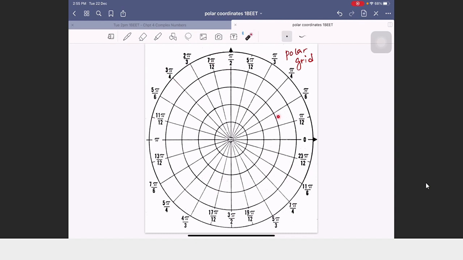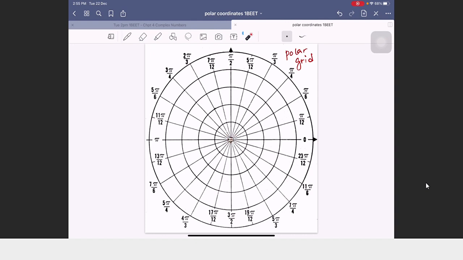With the polar grid, you look at it in terms of circles. You have many circles within circles like that. The center in the middle, this is what we call the pole. This is the center for the polar grid.